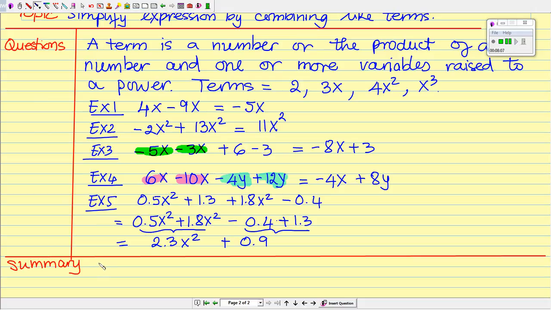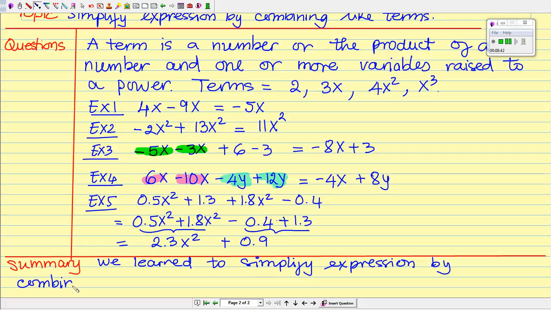So in this video, we learned to simplify expressions by combining like terms.